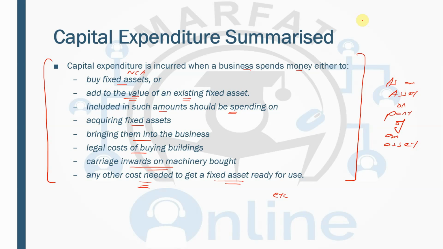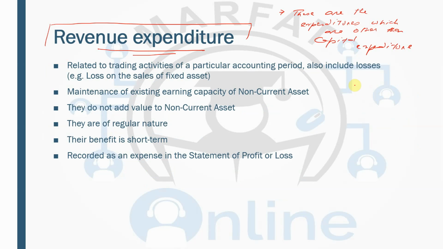Let's take an example. For example, there was an asset, machinery. When you bought this asset, it used to make 1000 units a day. Now after you used it for 1 year, it is making 800 units a day, because the efficiency has deteriorated, fallen, reduced.